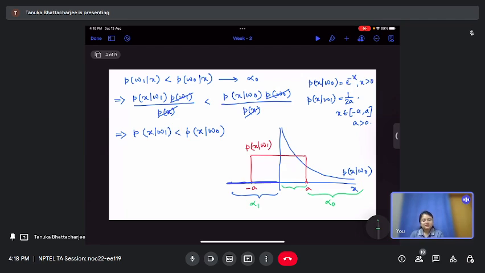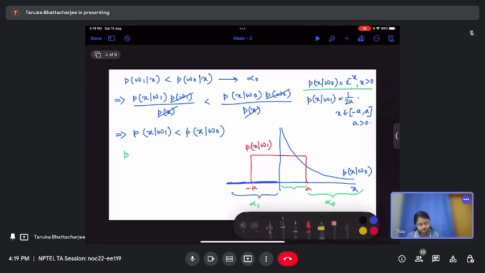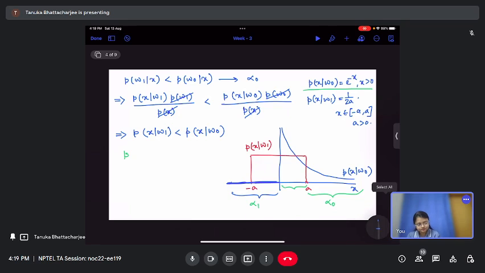Now if you see the conditional probability density, e to the power minus x, and x is positive. So you can see that this value is always less than 1. So p of x given omega 0 is always less than 1.